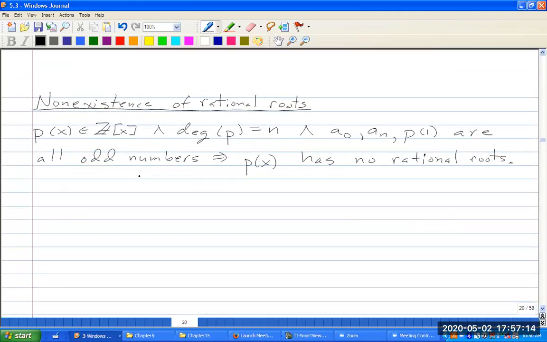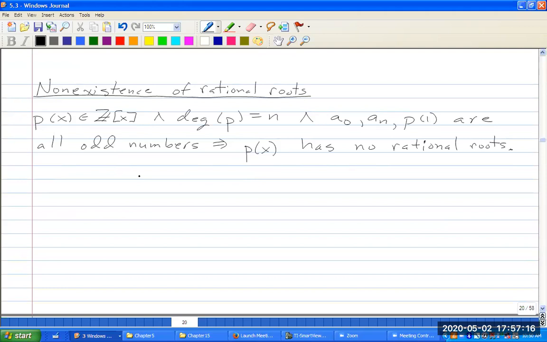Okay, so let me give you some examples on non-existence. You shouldn't be trying to find rational roots if you know that there are no rational roots. So let me give you a non-existence theorem. So the non-existence of rational roots.